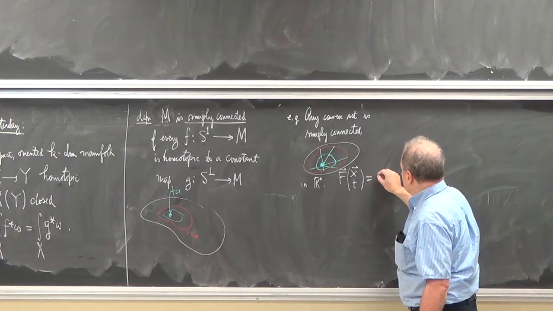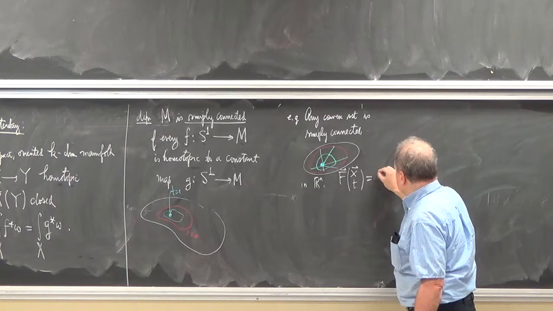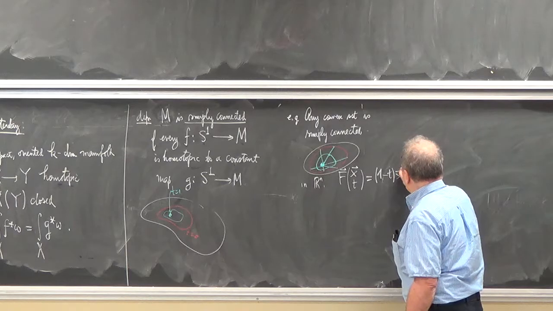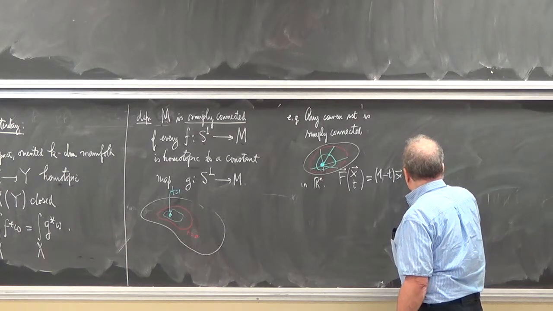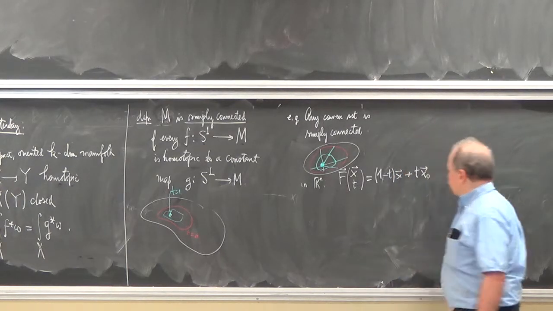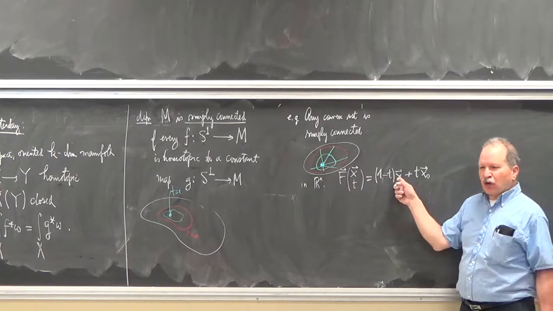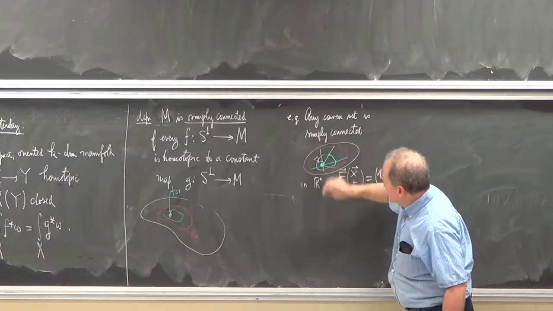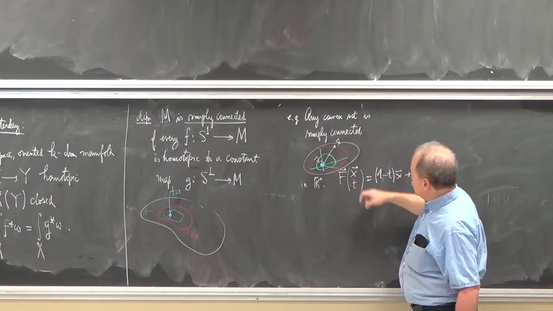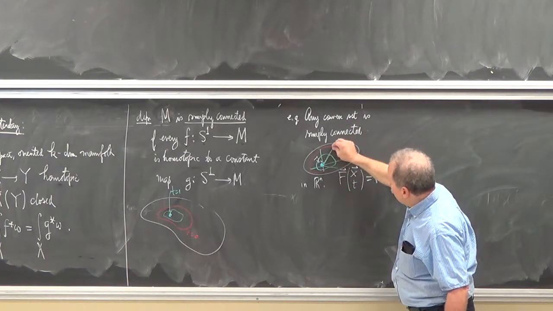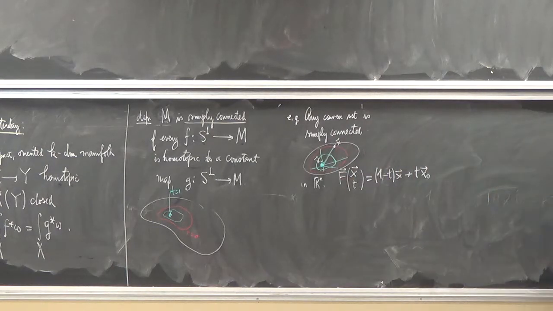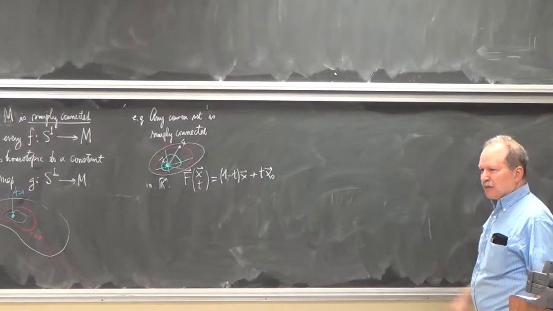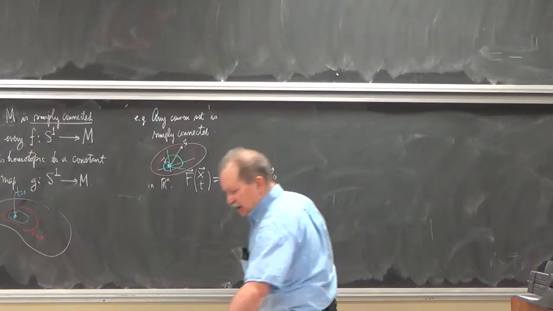At time 0 I want to have x, at time 1 I want to have x naught. Then this map takes every point and joins it by line segments to the point x naught. As t runs from 0 to 1, the point travels along that line segment. Is it necessary that at t equals 1/2, the point's halfway there? No, it's certainly not necessary, but it's happening when I'm doing this.